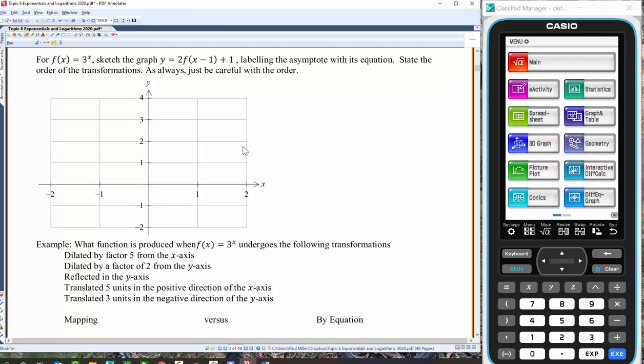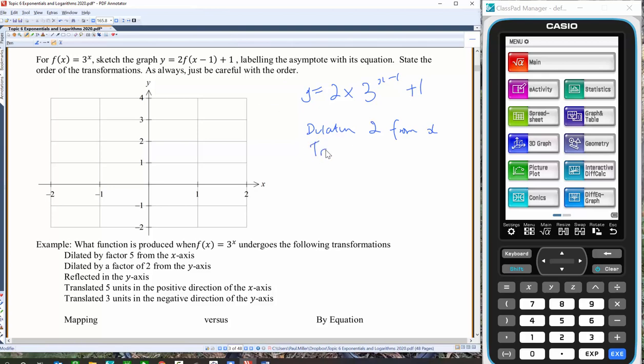Okay, got 3 to the x, and this is what we want to sketch. So let's just write the function. So we'll go y equals 2 times 3 to the x take 1 plus 1. Let's also see if we can state these transformations. So it is a dilation 2 from x.